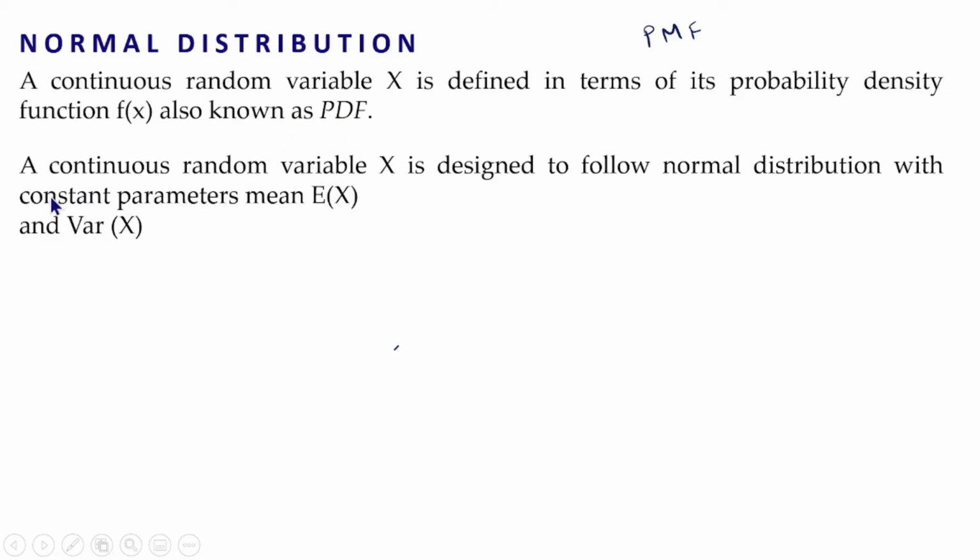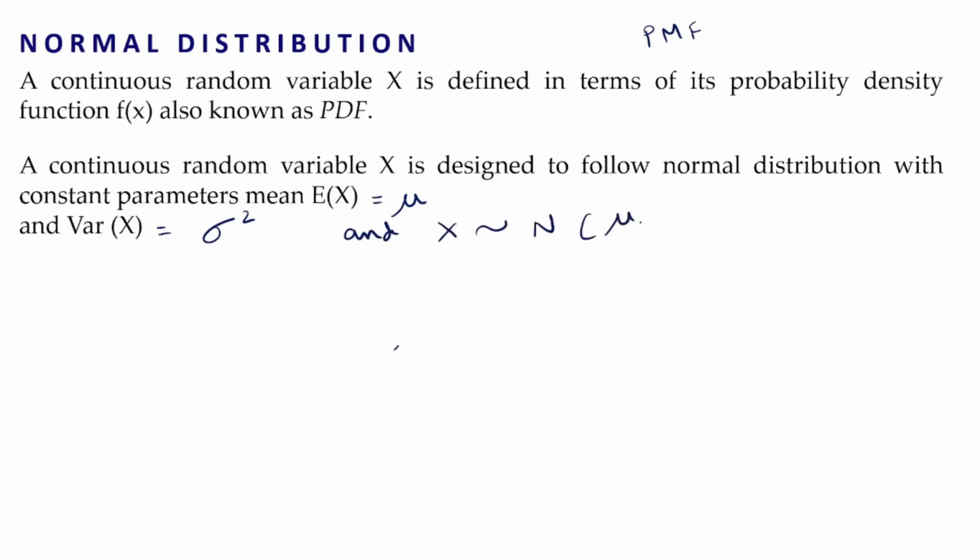We say a continuous random variable x is said to follow normal distribution with constant parameters mean, expectation of x, given by mu. Mu represents the mean of the distribution, and variance of x is equal to sigma square, where sigma is the standard deviation.